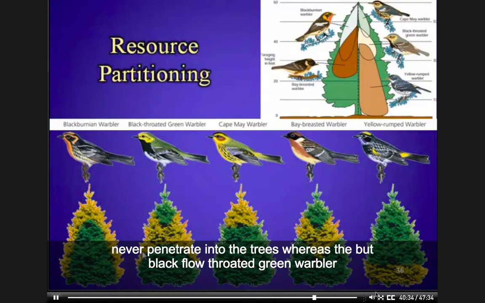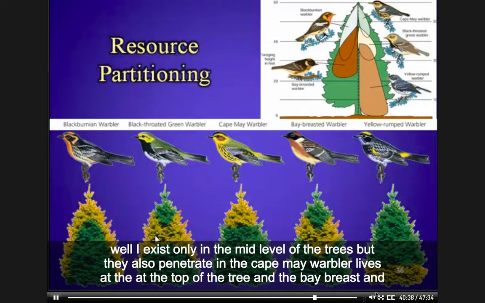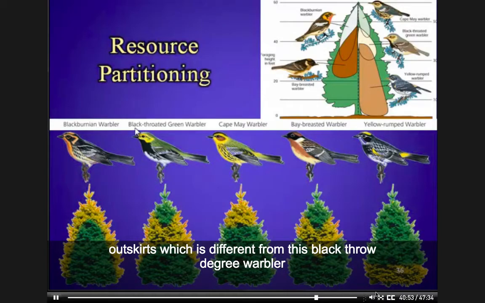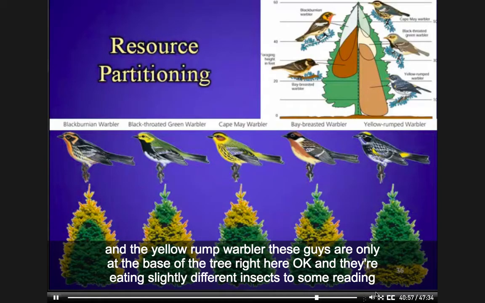Whereas the black-throated green warbler will exist only in the mid-level of the trees, but they also penetrate in. The Cape May warbler lives at the top of the tree, and the bay-breasted warbler lives just beneath that, but they live more kind of inside the tree than they do on the outskirts, which is different from this black-throated green warbler. And the yellow-rumped warbler, these guys are only at the base of the tree right here.